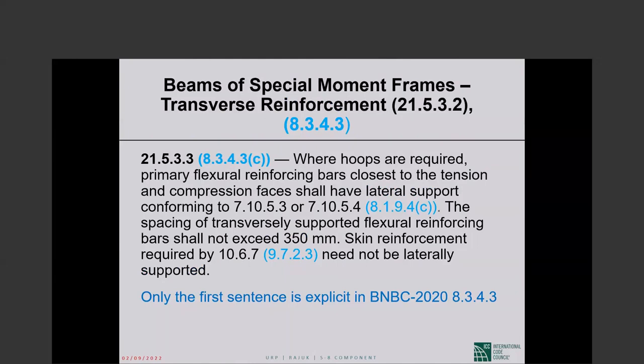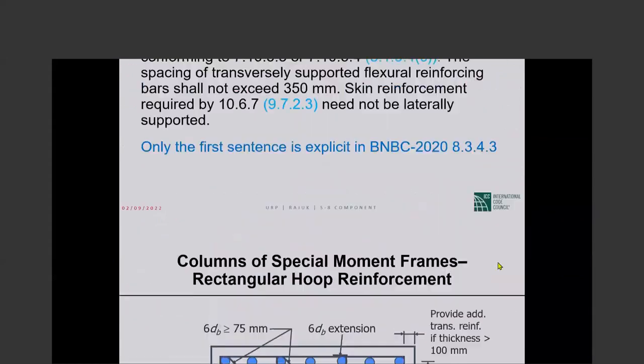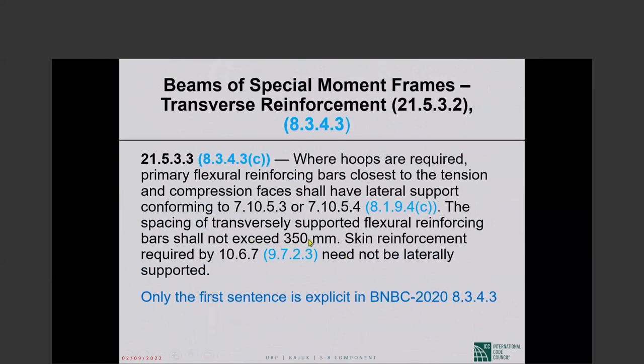The spacing of transversely supported flexural reinforcing bars shall not exceed 350 millimeter. This is not in chapter 7. So the spacing between any two supported bars shall not exceed 14 inches. That is being said specifically here. Skin reinforcement is not subject to the lateral support requirement.